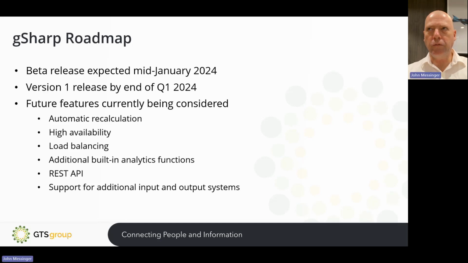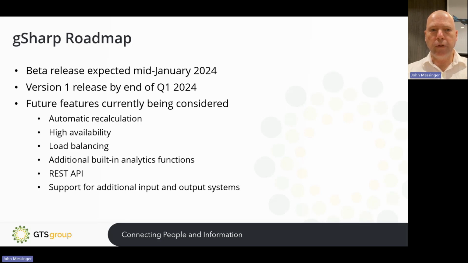The reasoning behind that is we see gSharp as a potential programmatic analytics option for the asset framework. Many of you may recall that when the asset framework came out some years back, OSIsoft spoke about having two types of analytics: configurable analytics, which we see today in the current asset analytics, such as your expression analyses, etc. And they also spoke about programmatic analytics, which would ultimately replace PyAce.